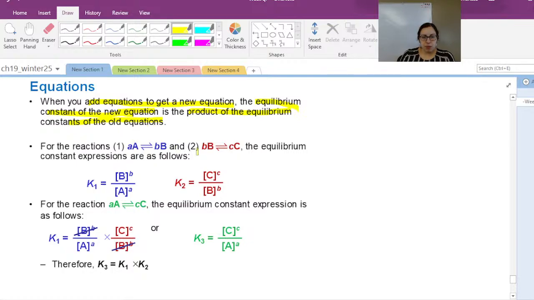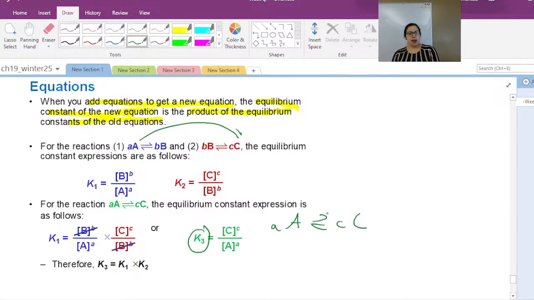So we're going to go A to B, then B to C. But overall, right, we want A to C in that equilibrium. So we're trying to figure out K3 here, right? C to the C over A to the A. I'll just rewrite that, our overall reaction.